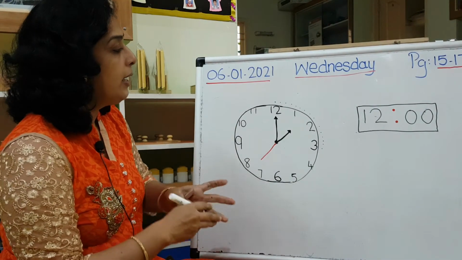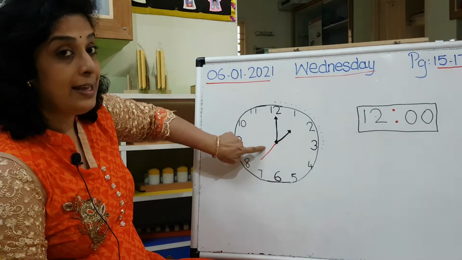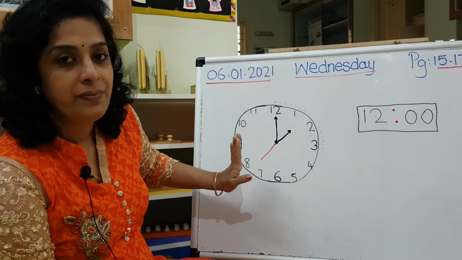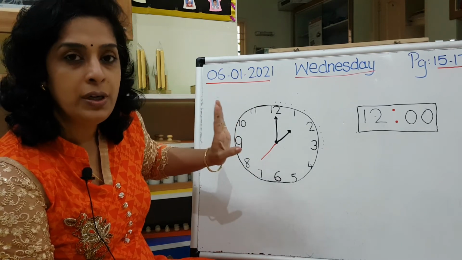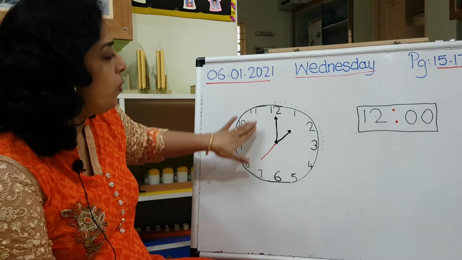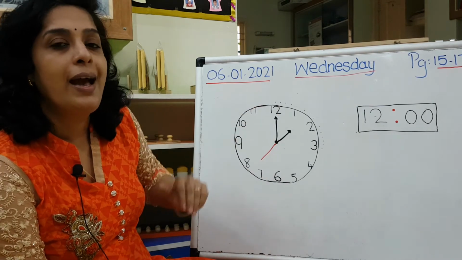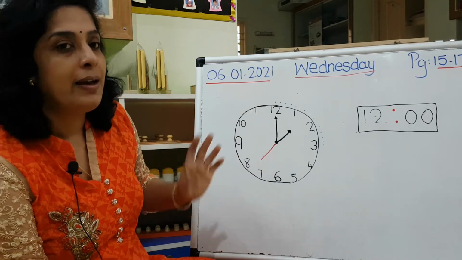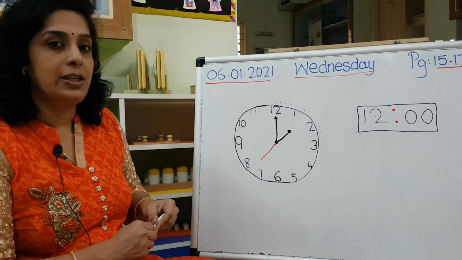This way it goes all the way, the seconds hand goes all the way up to 60. Now when it goes to 60, something happens. That is why it is moving. You know what happens? Come, I'll show you the clock, you will understand.